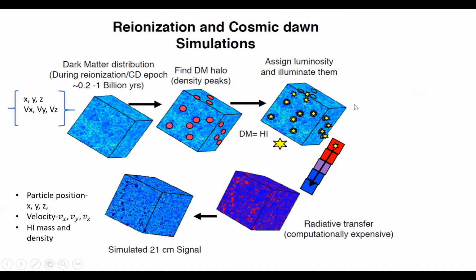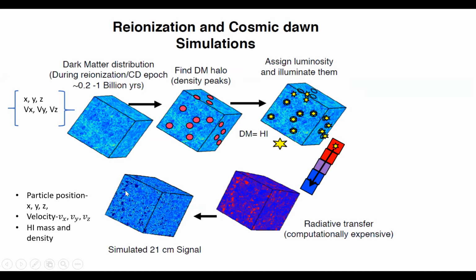If we run that simulation, it will give you the ionization field in a 3D box, like the one that I have shown here. And then once you have the ionization field, in order to convert it into the measurable quantity, that is the differential brightness temperature, you have to use the differential brightness temperature formula, delta TB, to convert that ionization field into the delta TB field.